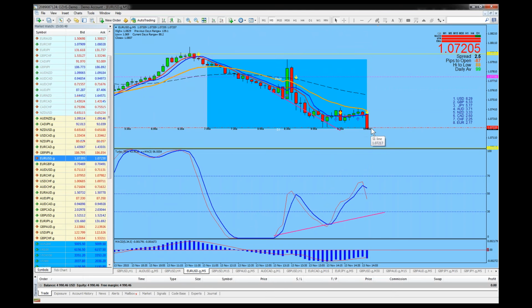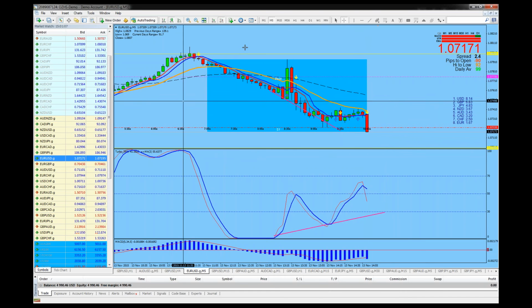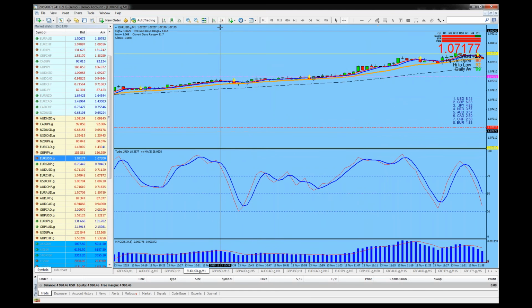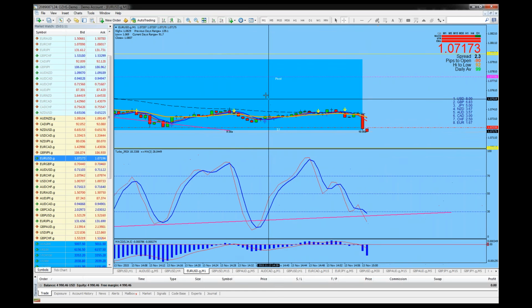So this must be good news for the dollar. Whatever it was, U of M sentiment came out a little bit positive. University of Michigan. Okay, that's good. That's always a good thing. Oh wow, it's actually huge. But here's the whole psychology of this thing. I'm looking at the news now.